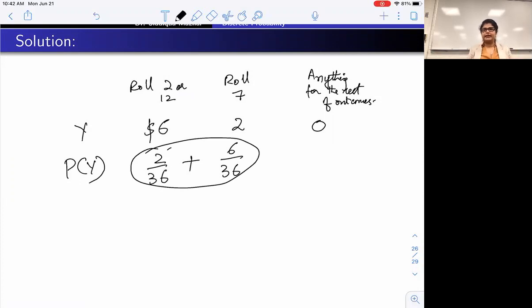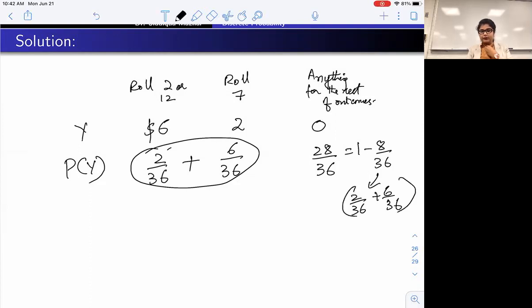So 1 minus 8 by 36, how much will it give you? 28 by 36. Are you getting it? How did I get this? It is 1 minus 8 by 36, and this 8 is 2 by 36 plus 6 by 36. This is how I find the probability.